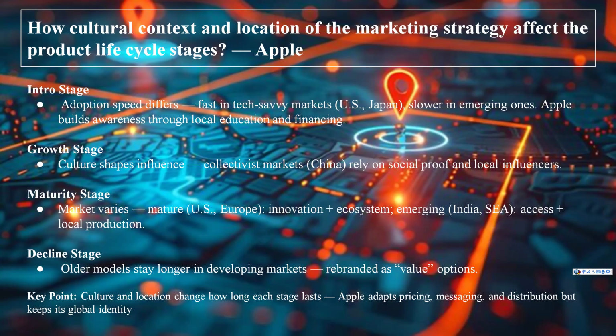And at the maturity stage, Apple's approach depends on the market. In the US or Europe, where sales have leveled off, they push ecosystem products like Apple Watch or services. But in places like India or Southeast Asia, growth still comes from accessibility, like trade-ins, local production, and pricing options.